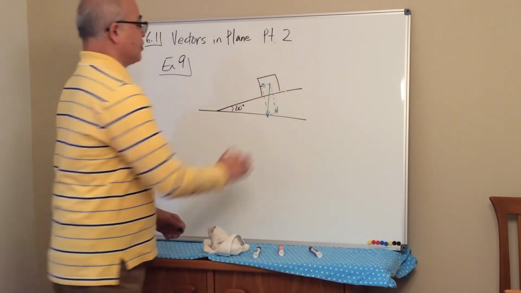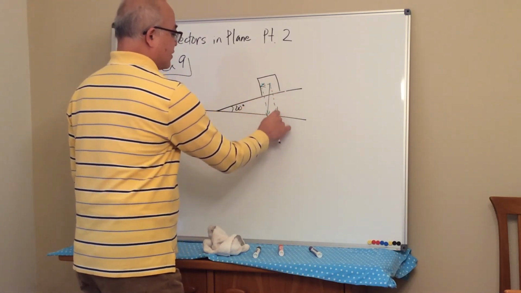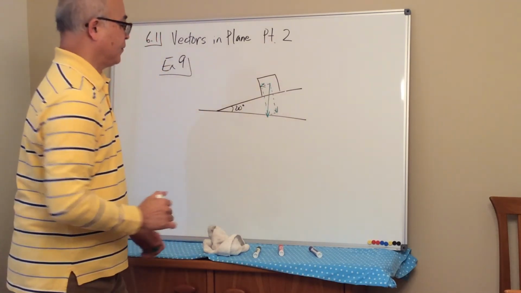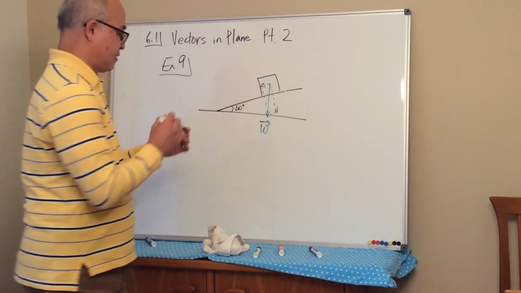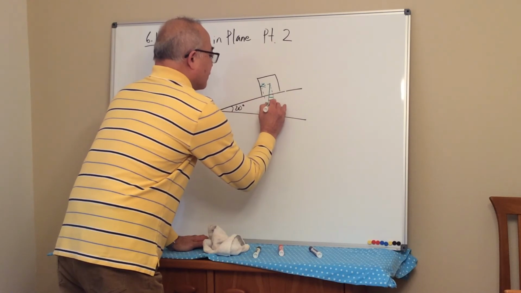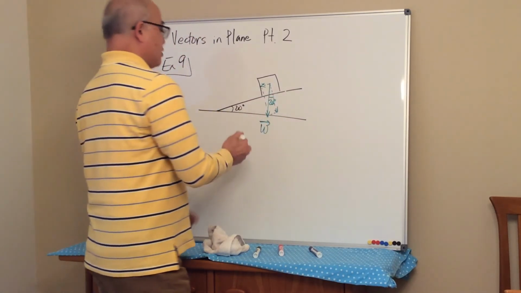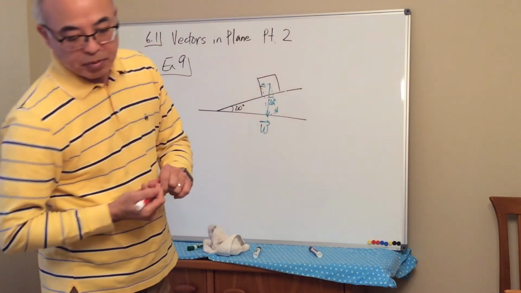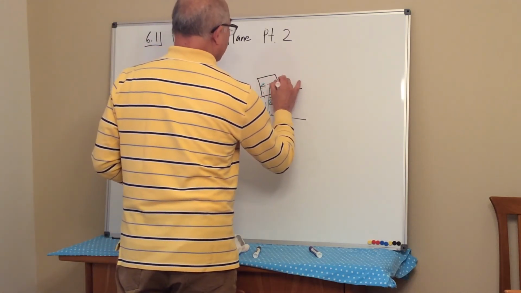So this guy plus this guy is the same as that guy, and that is the weight. So we could call this the weight. I don't know what it is, but I do know, so this is 20 degrees, that this guy here is 20 degrees also.